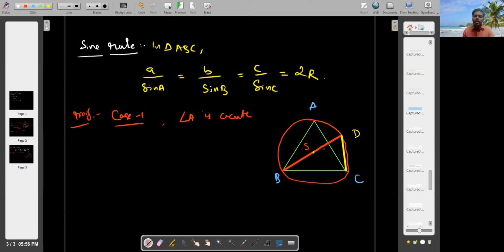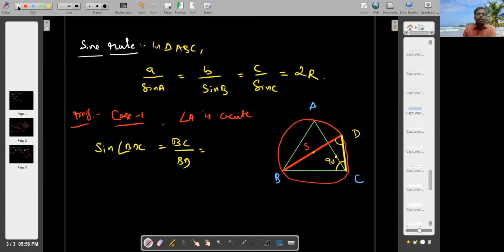Now if you observe this one, BD is the diameter in a circle. So angle BCD is 90 degrees. Angle in semicircle is 90 degrees, right? So let us consider angle D. Now sin angle BDC equal to opposite to angle D, which is BC, by hypotenuse. Hypotenuse is BD.